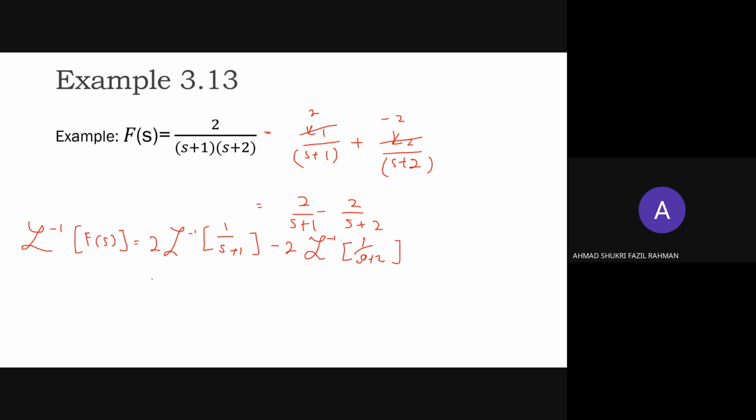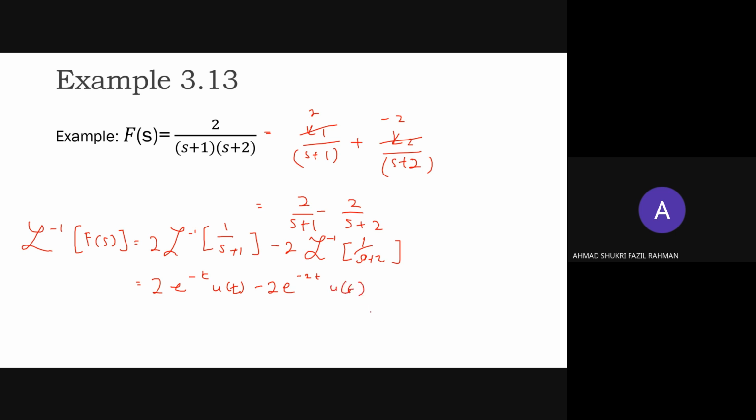Now since the form is simple, we can compare this with the previous Laplace transform table. So this one is actually constant 2 multiplied by exponential to the power of negative t, u(t), minus 2 multiplied by exponential to the power of negative 2t, also u(t).